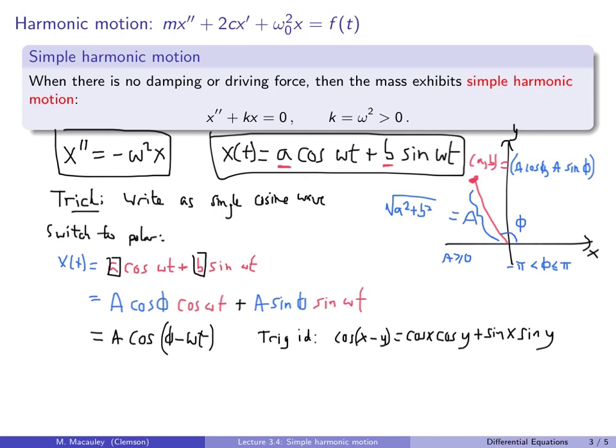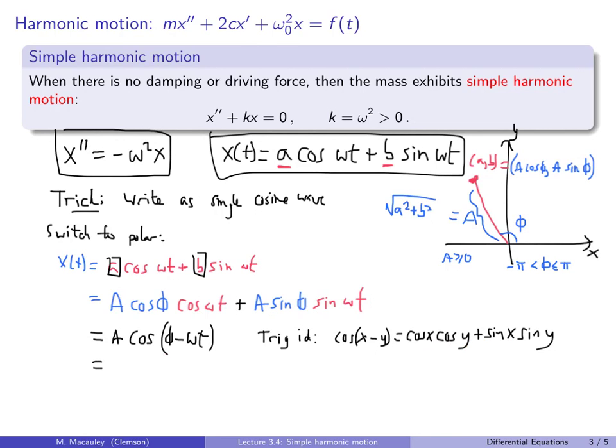And notice, this is exactly what we have: A cosine of phi cosine of omega t, plus A sine of phi sine of omega t. So doing this in reverse gives us this right here. And none of us, myself included, would ever have looked at it and said, oh yeah, do this little trick. But it is a standard trick and it does work. You're not expected to know that trig identity or be able to derive this, but I want you to get the take-home message, which I will show on the next slide.